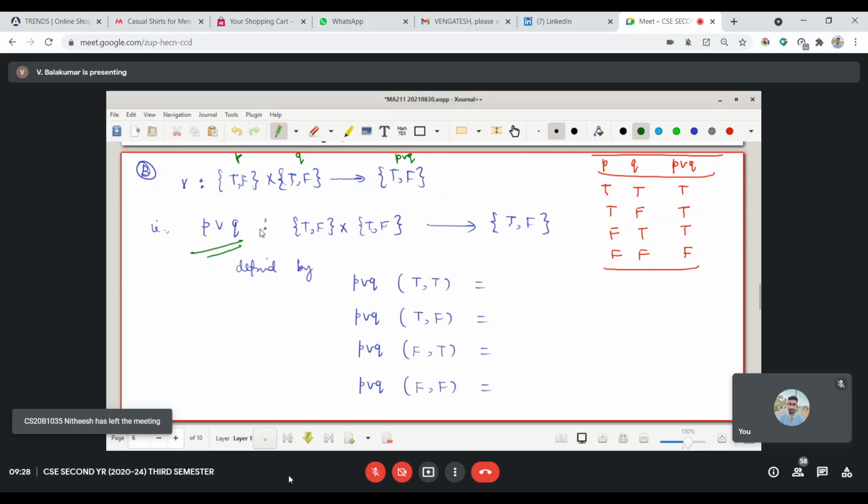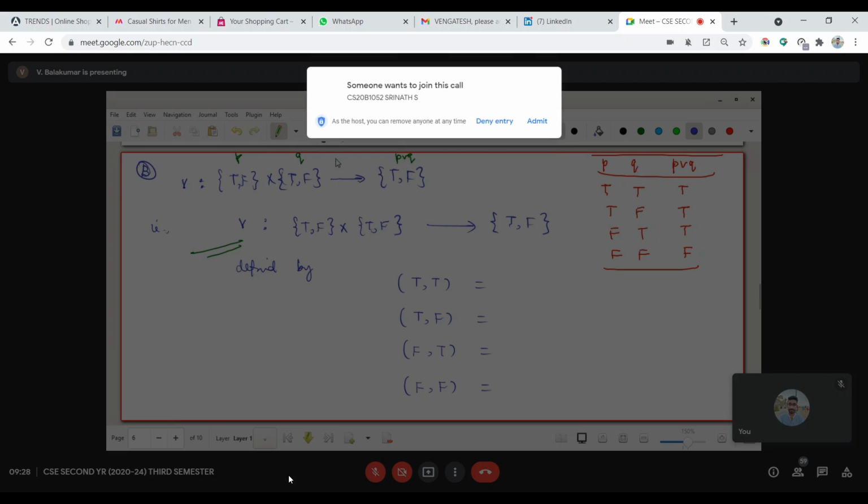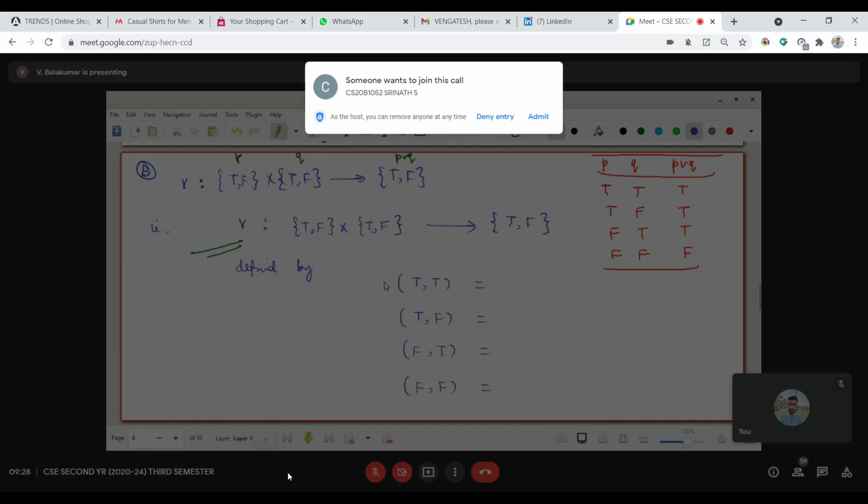Or if you don't want to write PRQ, you can simply write just a symbol. This symbol gives us a function. The same thing I have written already. So instead of this, we are writing this.